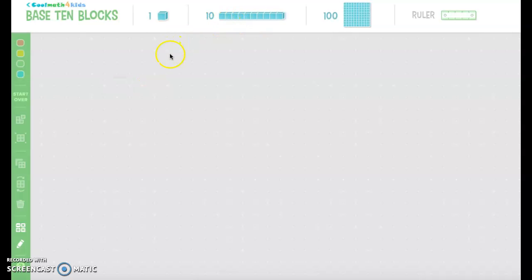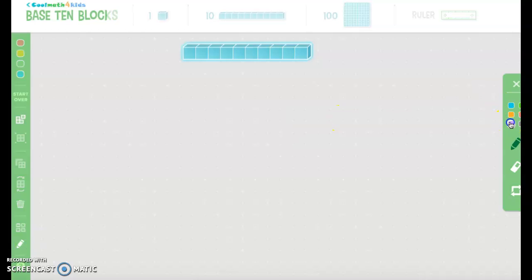We're going to start out using the base 10 blocks of 10, and we know that multiplication is simply repeated addition. So if I had 5 times 10, that is basically saying I need 5 groups of 10.